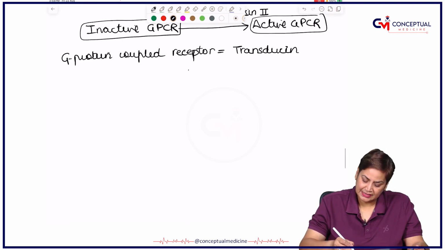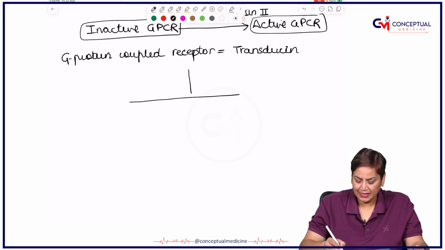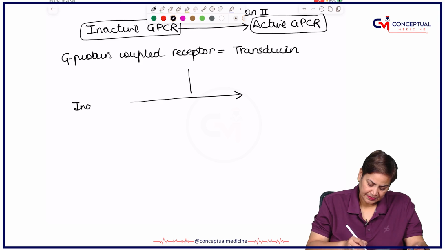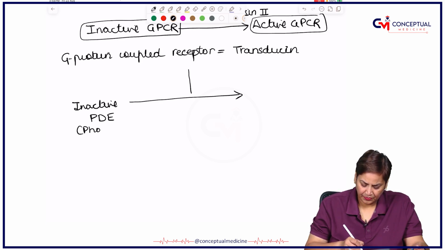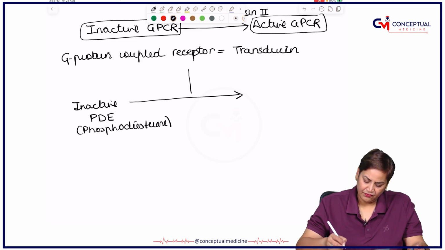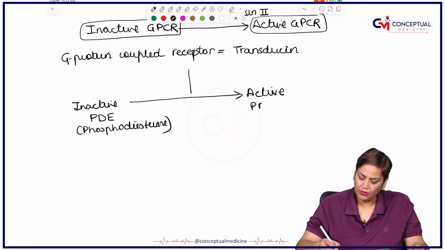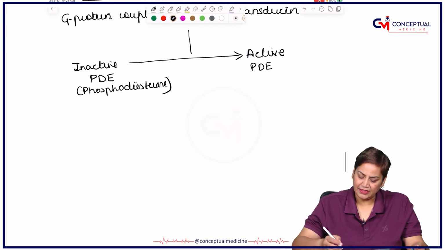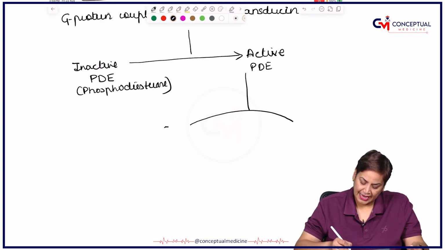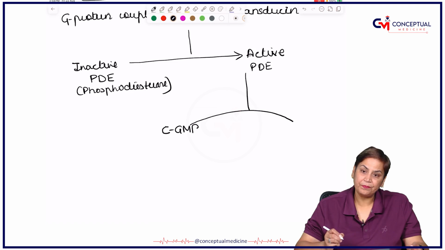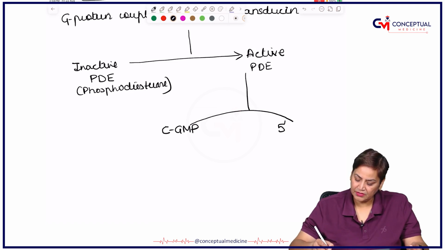Now what happens is, the inactive phosphodiesterase enzyme will be converted into active phosphodiesterase enzyme, and this active phosphodiesterase will convert cyclic GMP into 5' GMP.